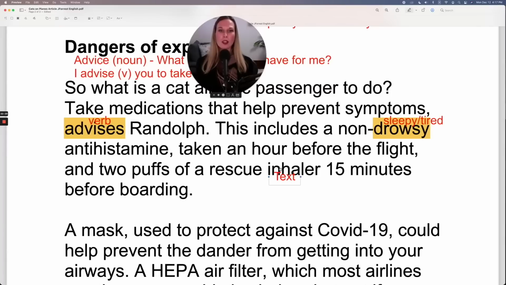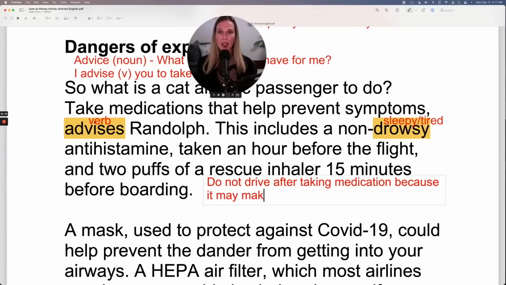So a lot of medication will say on their label, do not drive after taking medication because it may make you drowsy, which means sleepy. But generally, drowsy is the vocabulary choice when we're talking specifically about medication.